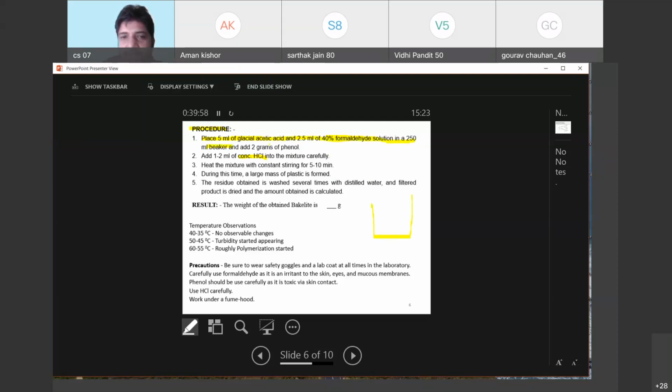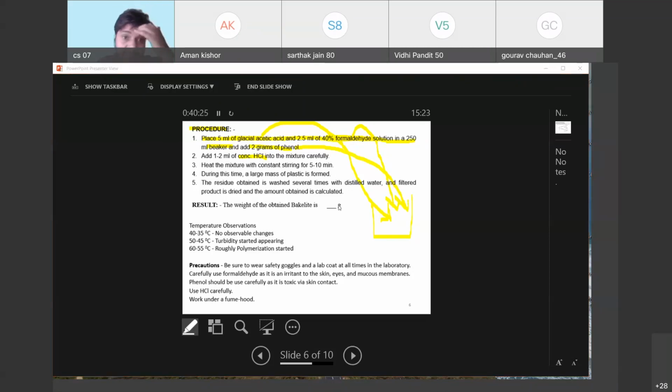In that beaker, we first add glacial acetic acid, 5 ml. We will add 40% formaldehyde solution, and in this mixture, then we add 2 grams of phenol. So we are adding first 3 things: glacial acetic acid, formaldehyde, plus 2 grams of phenol.